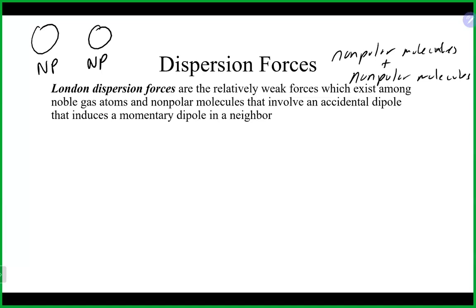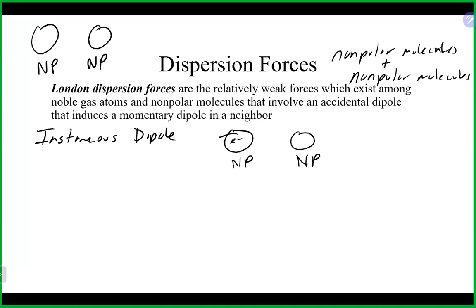One way this can occur is what is known as an instantaneous dipole. In an instantaneous dipole, you have a nonpolar molecule next to another nonpolar molecule. Because each of these molecules has electrons flying around, all the electrons can end up on one side of the molecule versus the other.